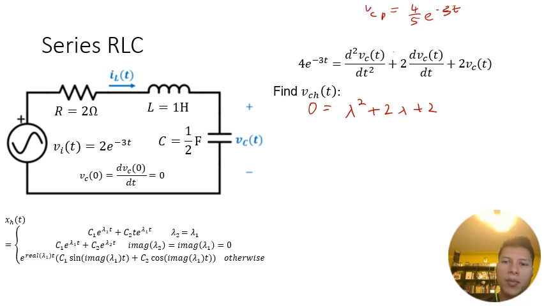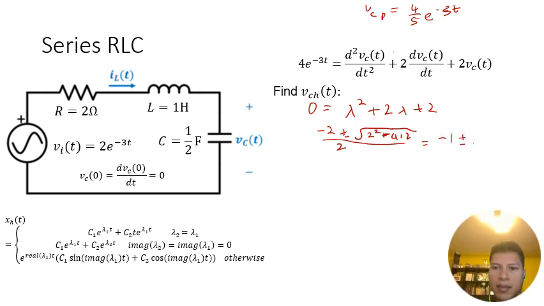When we apply the quadratic formula, we get negative 2 over 2 plus or minus the square root of 2 squared minus 4 times A times C, which is 4 times 2. So this equals negative 1 plus or minus the square root of 2 squared minus 8, which gives us negative 4, over 2.